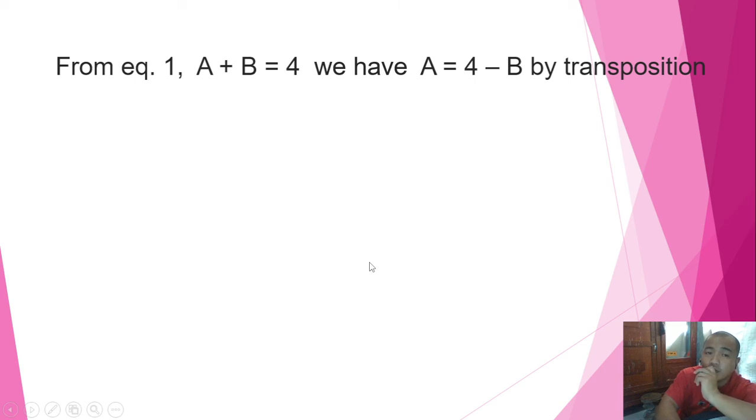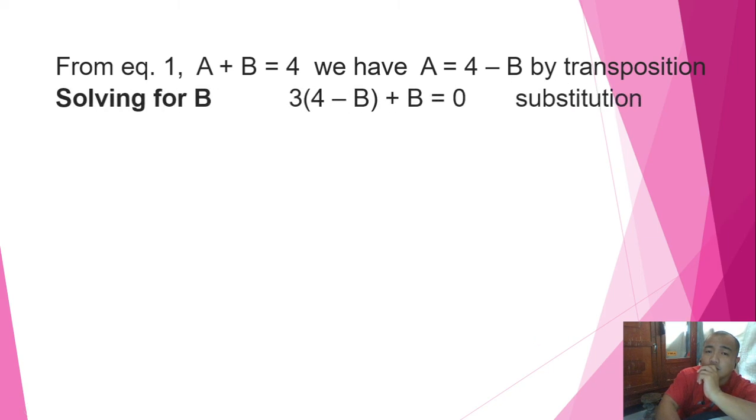Whichever you prefer. From equation 1, a plus b equals 4, we have a equals 4 minus b by transposition. Substitute now a by 4 minus b in equation 2. What is equation 2?